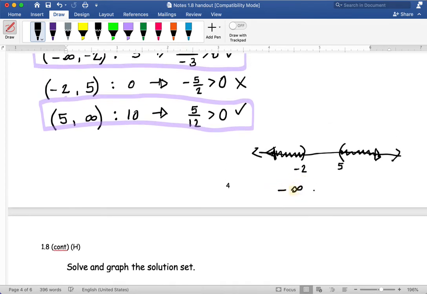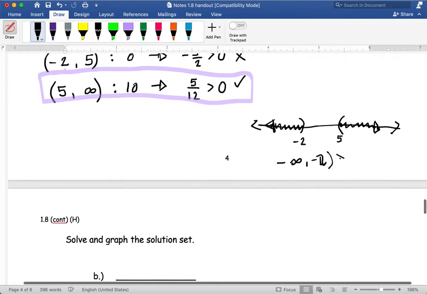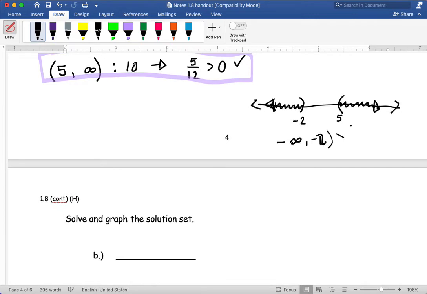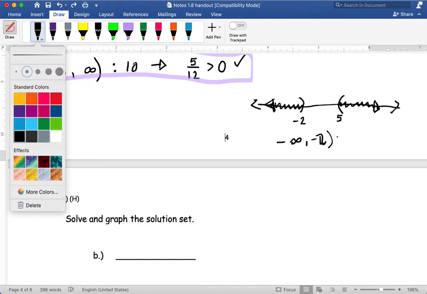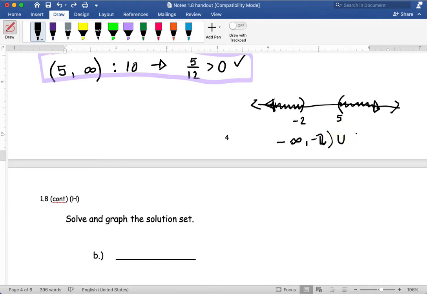Parentheses and union with 5 to infinity. Okay, so not that bad.